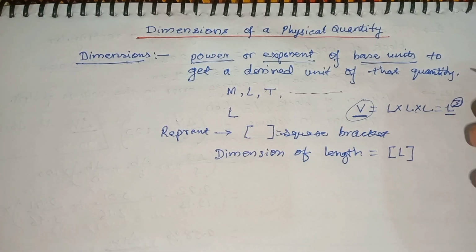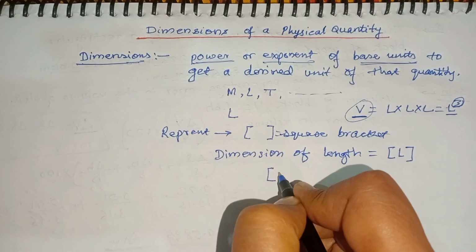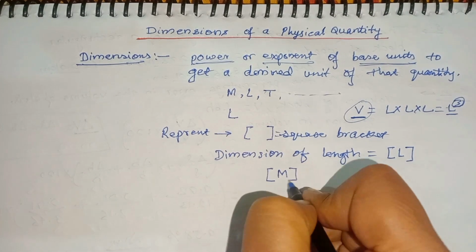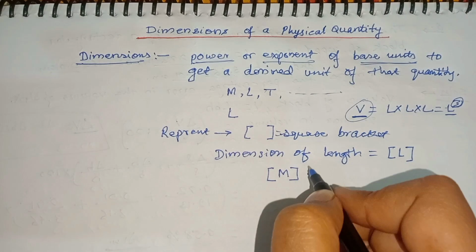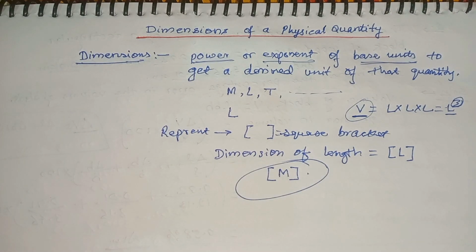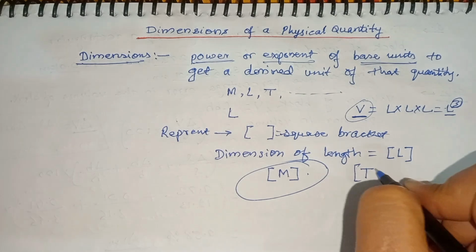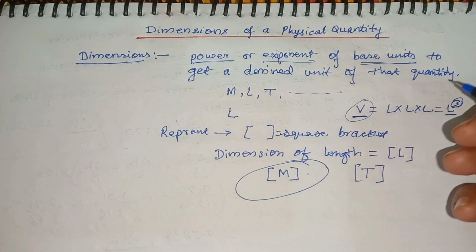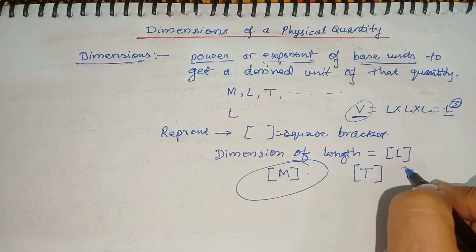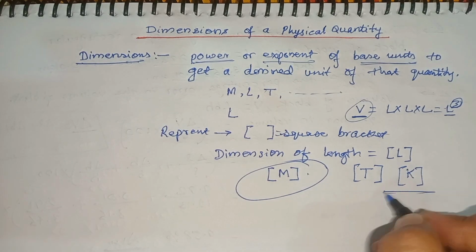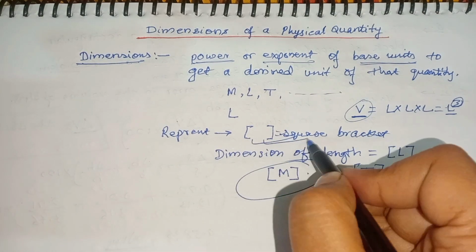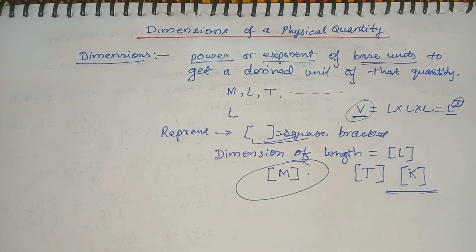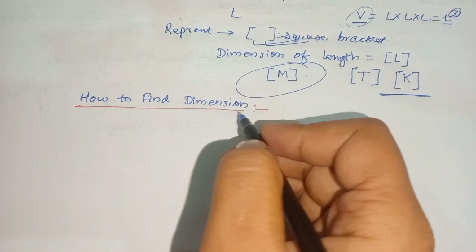If somewhere it is written under a square bracket, M, it means it is the dimension of mass. And if it is written T under a square bracket, it is called the dimension of time. And for temperature, it is K under the bracket. This is the representation of dimension, that is, the square bracket. Now let's see how to find the dimension.